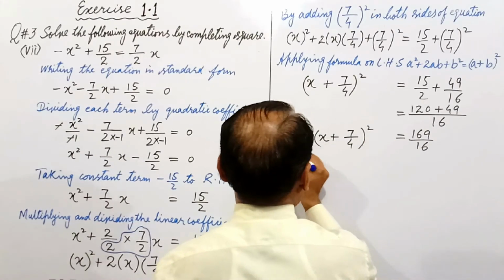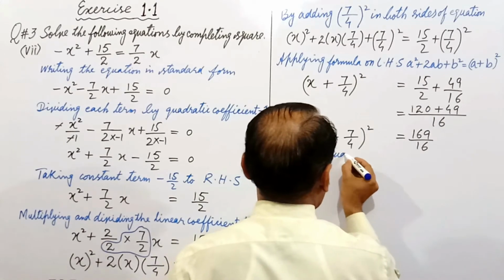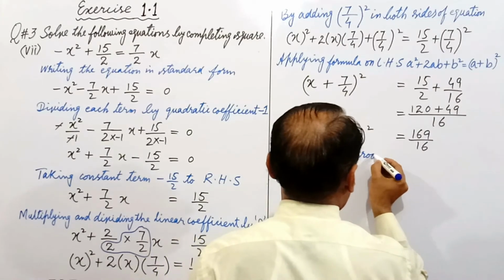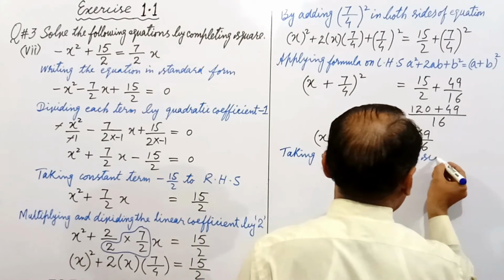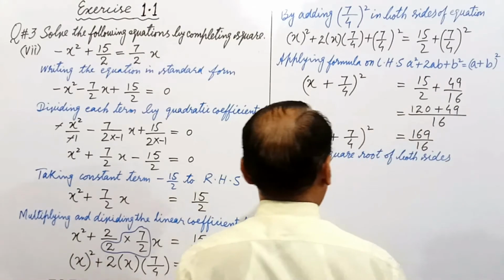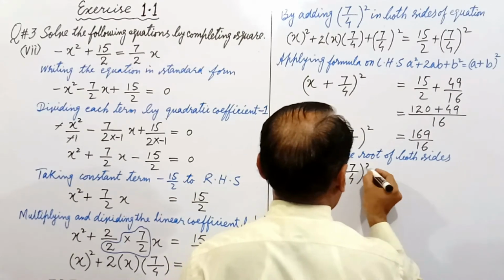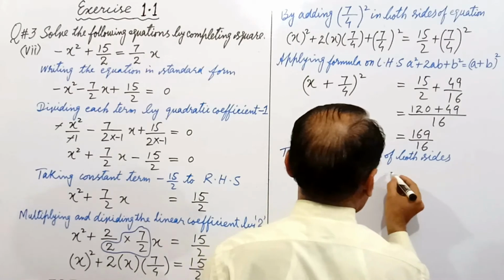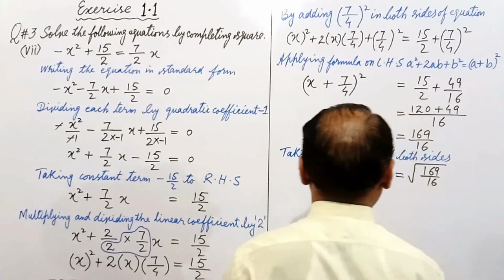Taking square root of both sides, we have square root of x plus 7 over 4 whole square is equal to square root of 169 over 16.